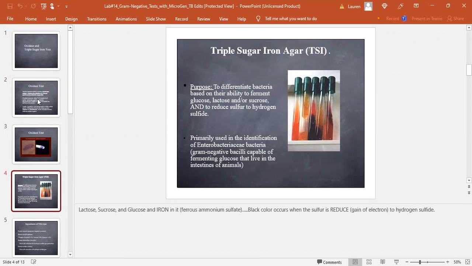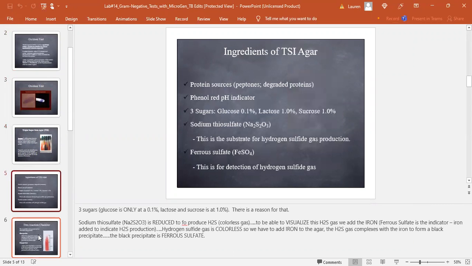So when we look at the TSI tubes and we want to interpret these results, it is easier to look at the ingredients first and then worry about what it looks like. Knowing these ingredients will help a lot, and where they're located. We have our protein source first, our peptones, and those are in the slant.